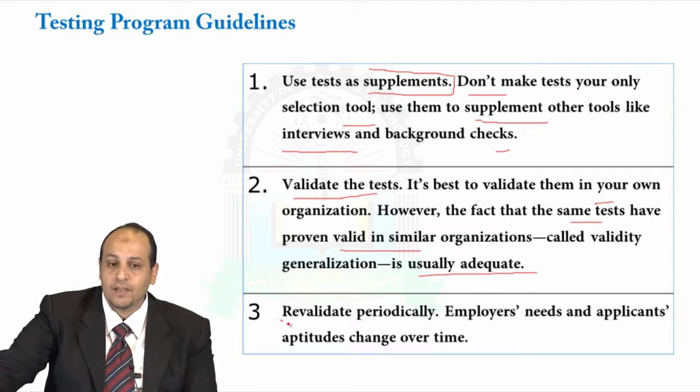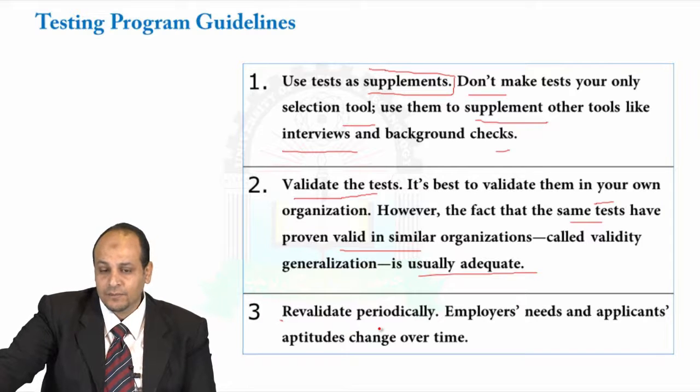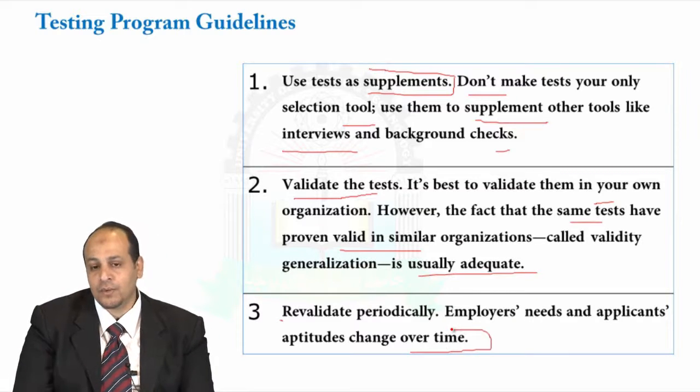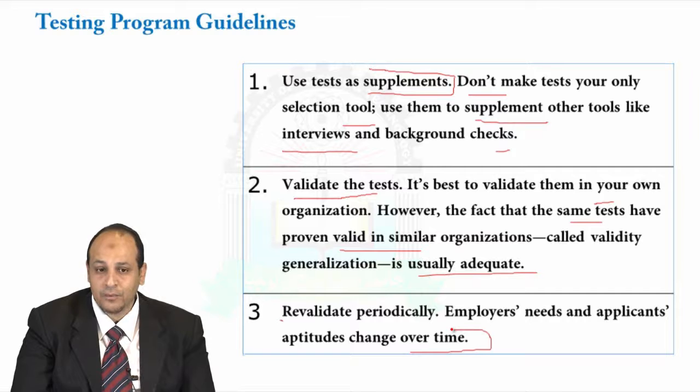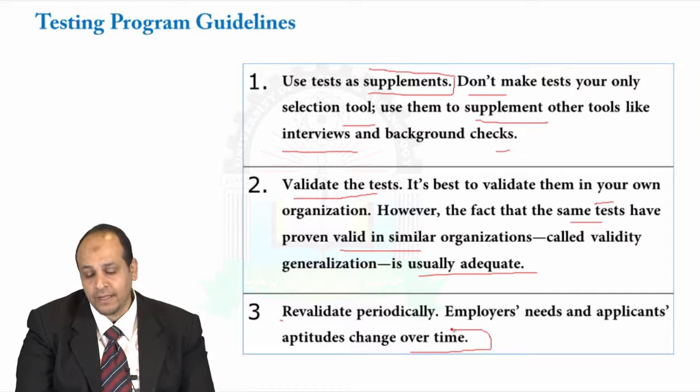Number 3, revalidate periodically. Employees' and applicants' attitudes change over time. So you want to make sure that the results of the test are reliable enough and long-lasting. That is why we need to revalidate periodically at different times.